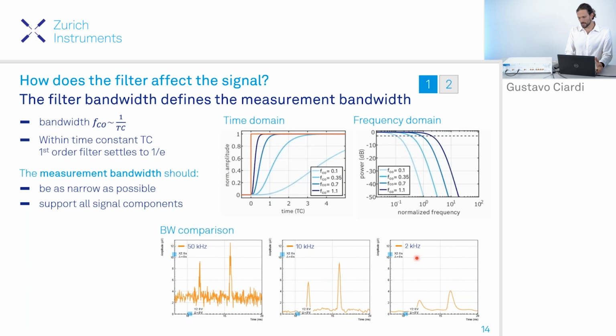If we now go to the right-hand side, we can see that with a much smaller filter bandwidth, we are able to kill this noise, to reduce this noise, but at the same time also smear out our pulses, meaning that we are also filtering part of the frequency components that make up our signal. And here in the middle, we have the best compromise for this specific case, where both the noise is reduced and the peaks are clearly visible and well resolved.